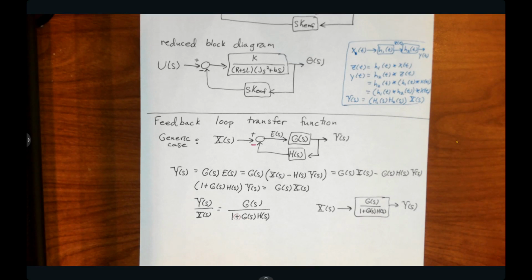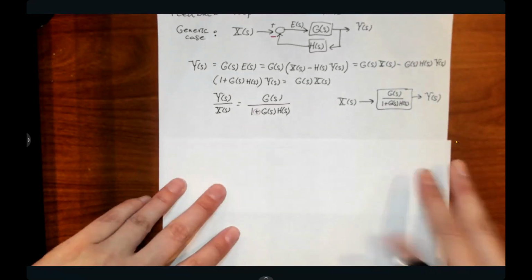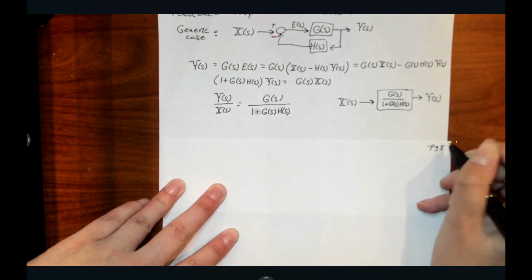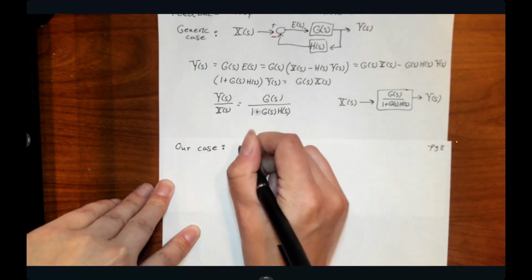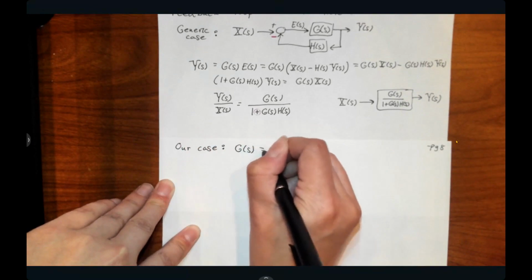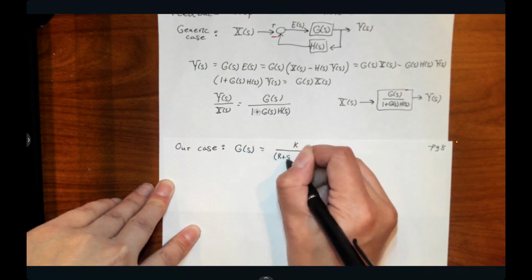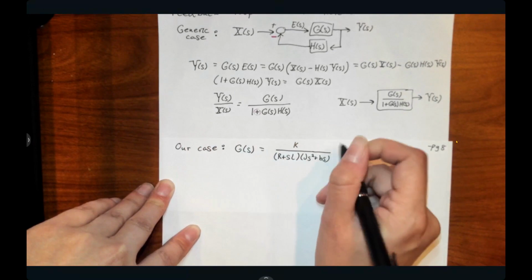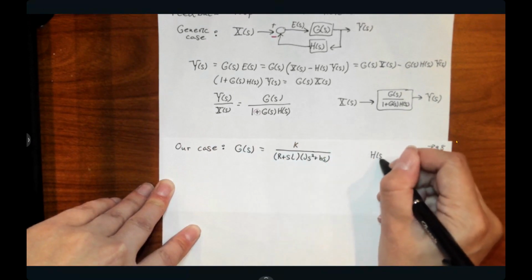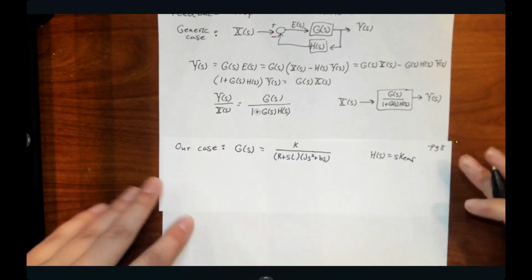All right, so if we go back to what we have here, for our case, the feed forward part, G, is K R plus S L, K S squared plus B S, and the feedback H is like so.